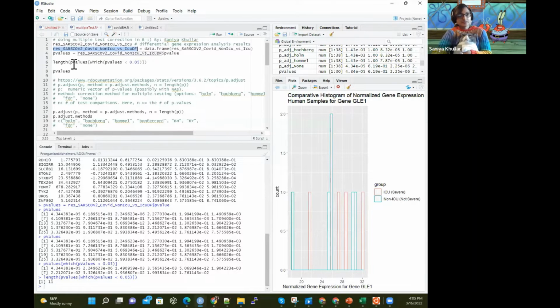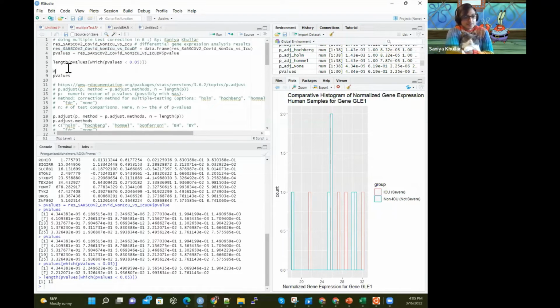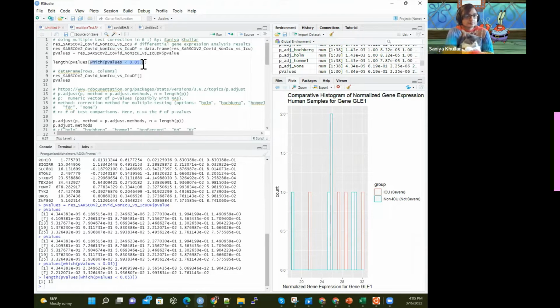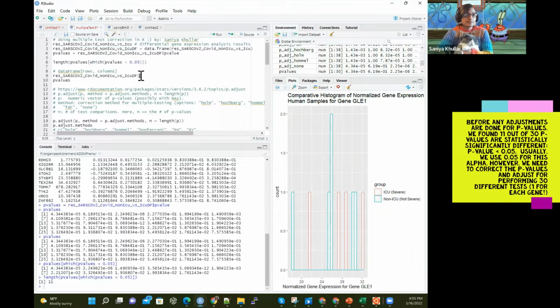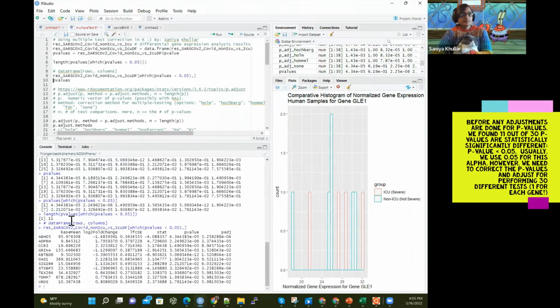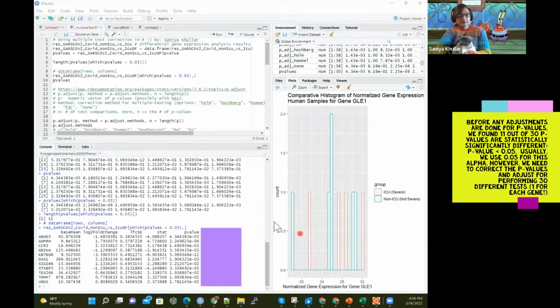Another way is to visualize which genes those are. So if I have a data frame, you can select the rows where the p-value is less than 0.05. So this will give me the same set. I'm looking at the p-values again, not the adjusted, because we're going to find the adjusted, but there are many types of adjusted p-values.